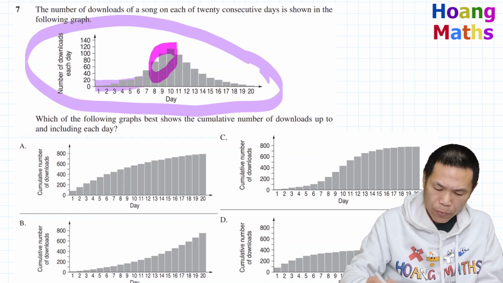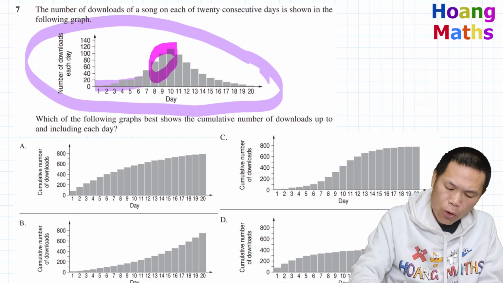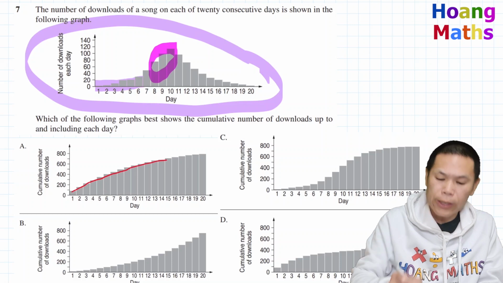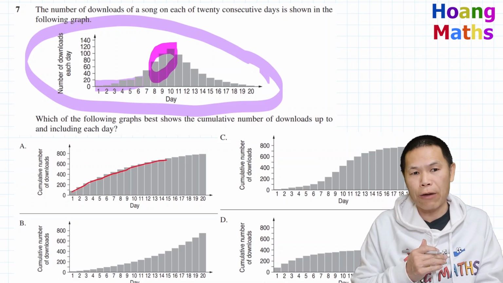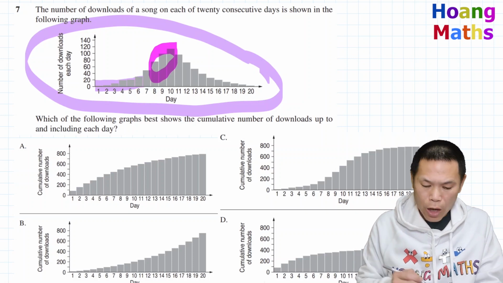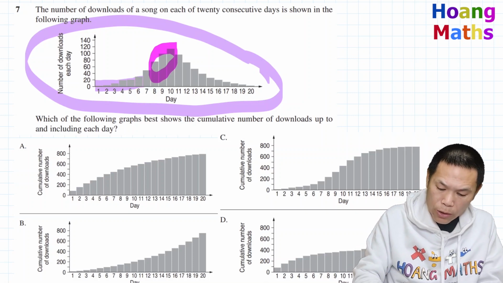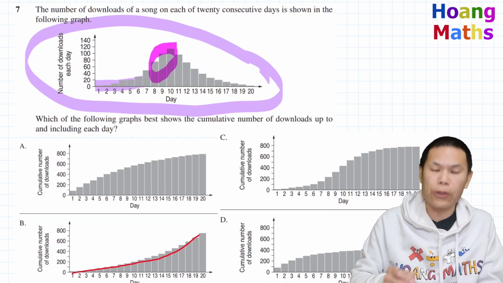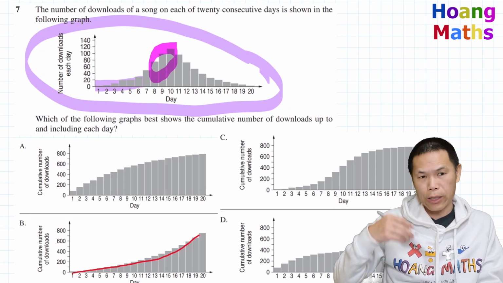If you look at option A, from 1 to 10 they all increase steadily, so it cannot be this graph. So option A is wrong. Option B, also from 0 to 6, is all increasing steadily as well, so that is wrong.